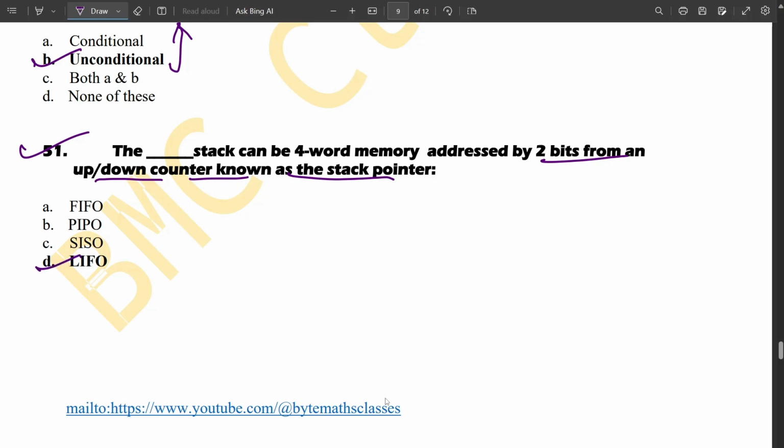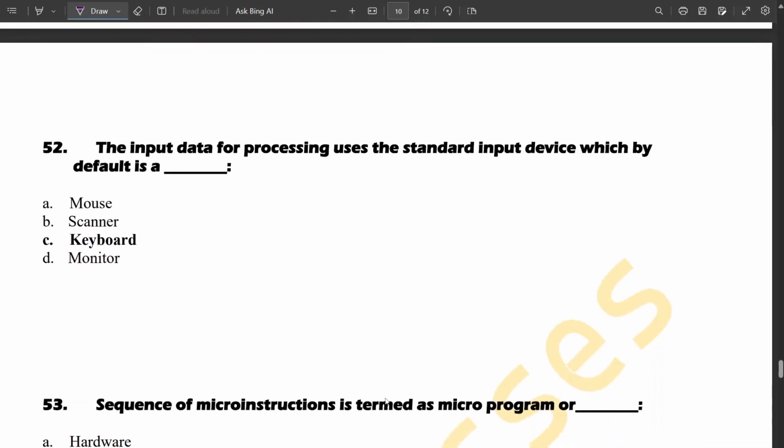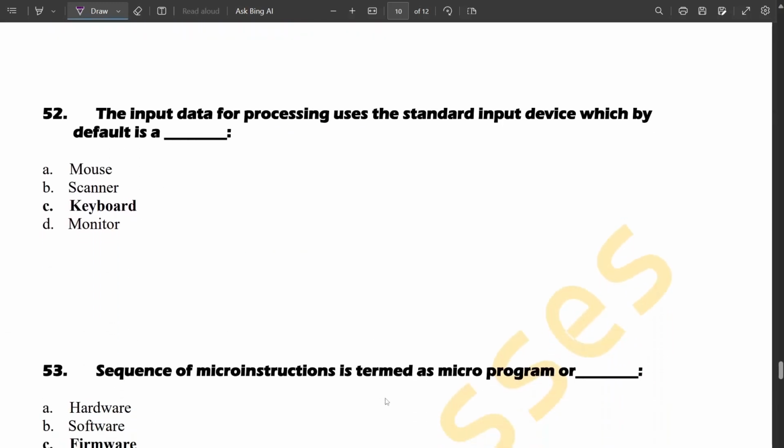This will be LIFO, the full form of LIFO is last in first out. Next, the input data for processing uses the standard input device, which by default is the keyboard. For inputting data, we use keyboard. Option number C is correct.